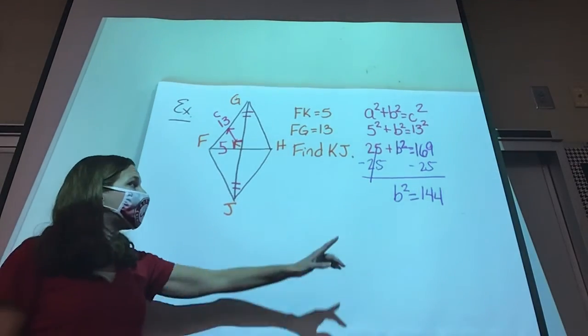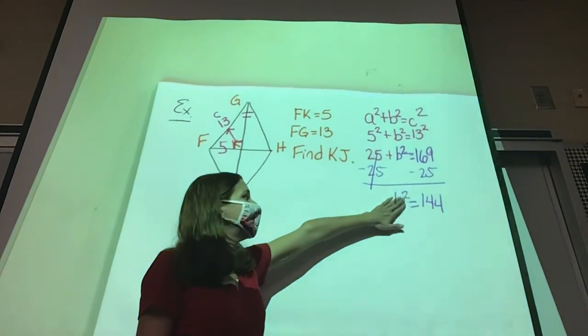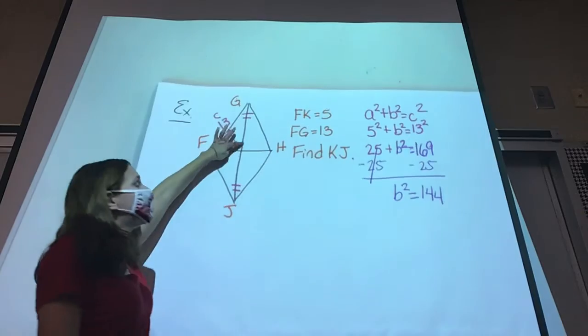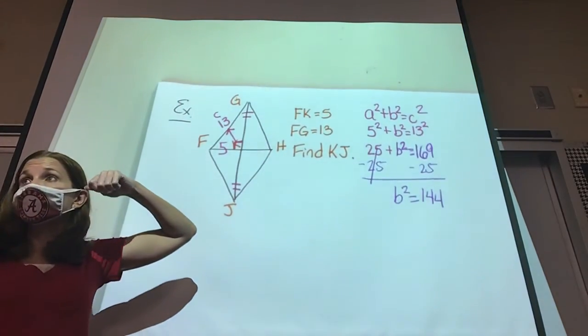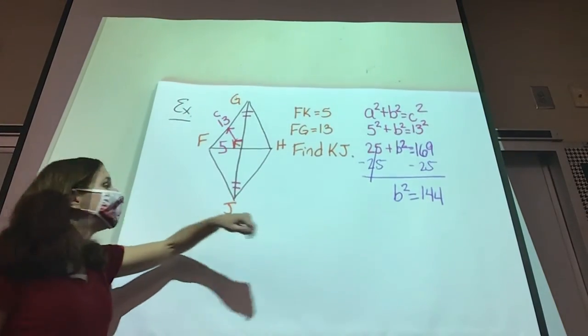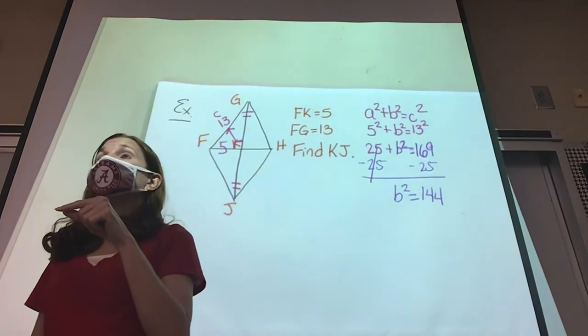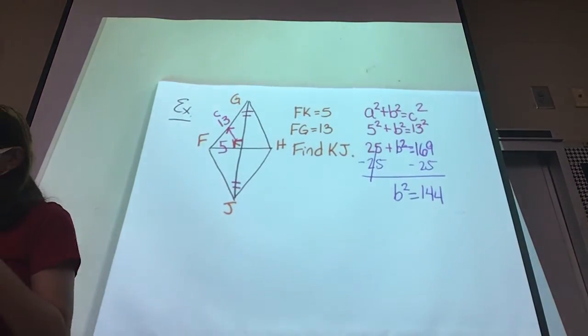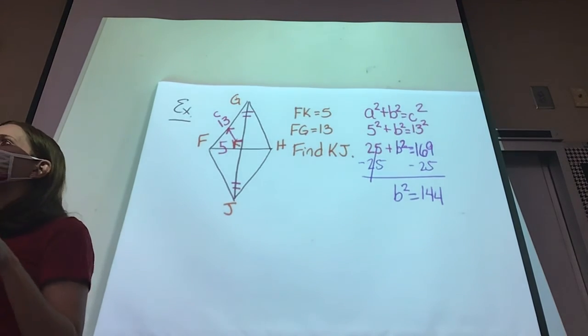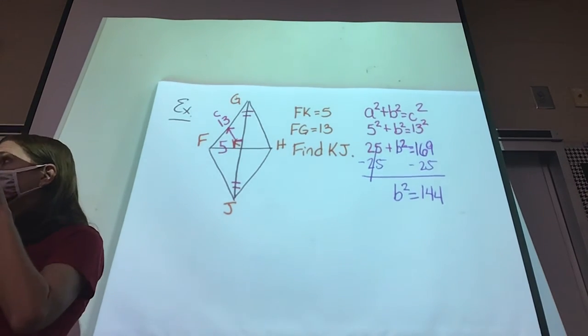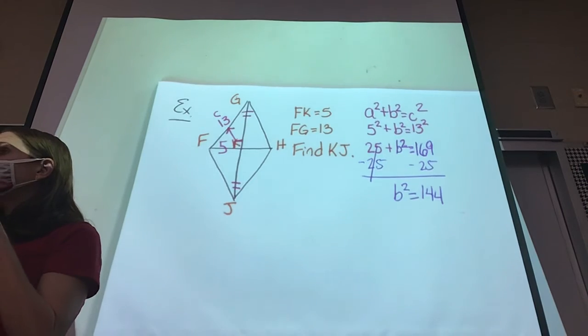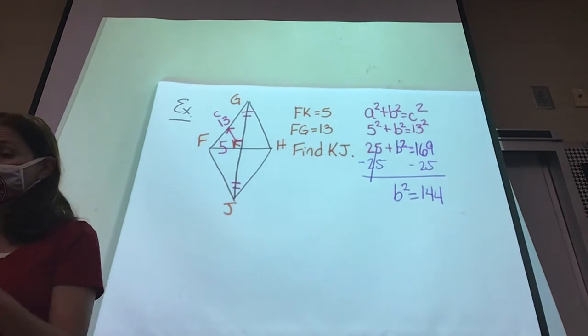Now, they didn't ask me for B squared. This is technically just B, not B squared. So how do I get just B? Take the square root. Remember that little button on your calculator that looks like a little division symbol? The long division symbol.